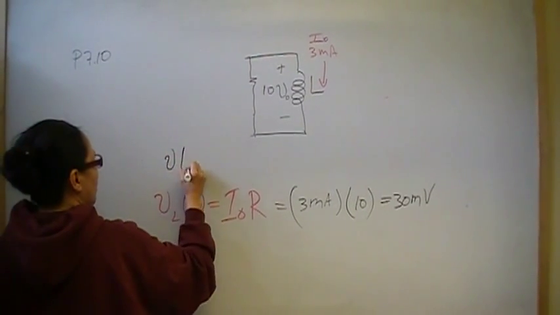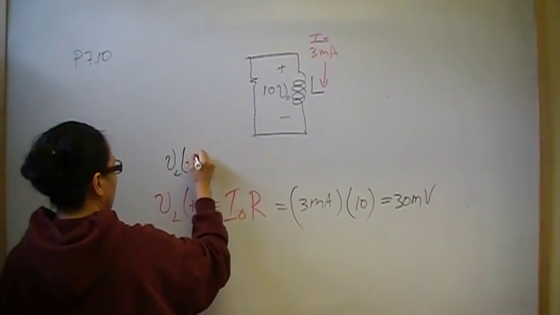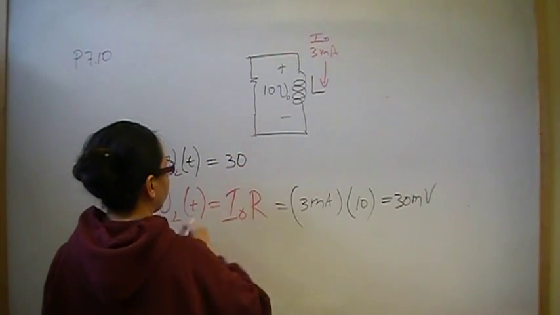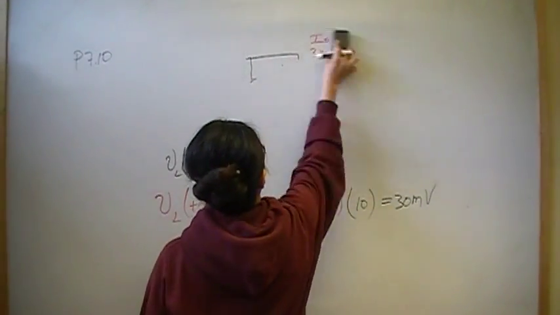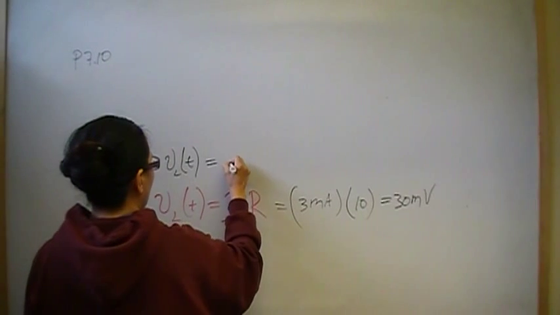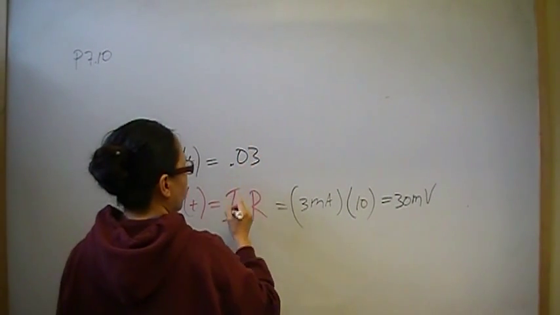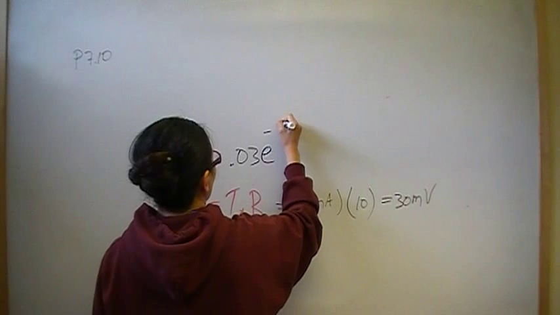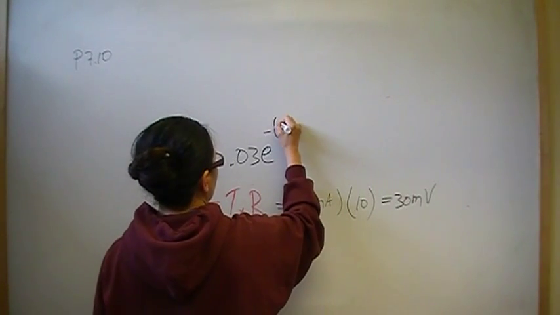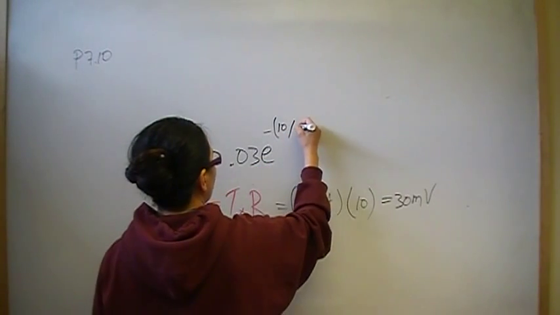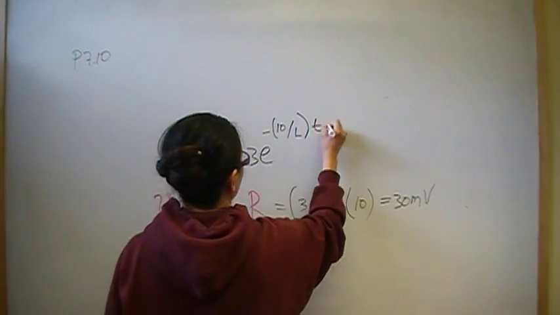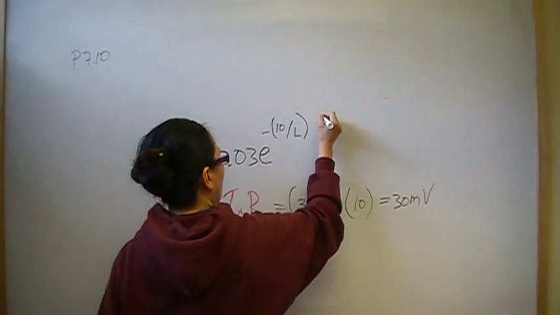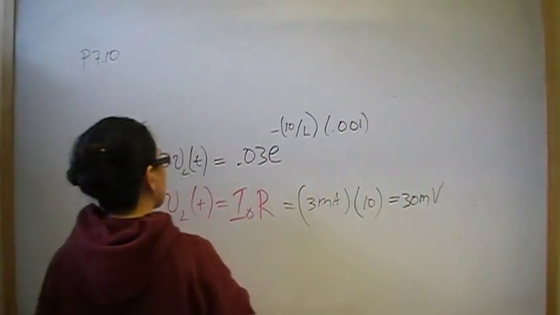The general equation of the inductor is VL of t equals IR, which is 30 millivolts, or 0.03, times e to the minus R over L times t, where R over L is 10 over L. Then I said, okay, we're looking at 1 millisecond, so I substituted 0.001.